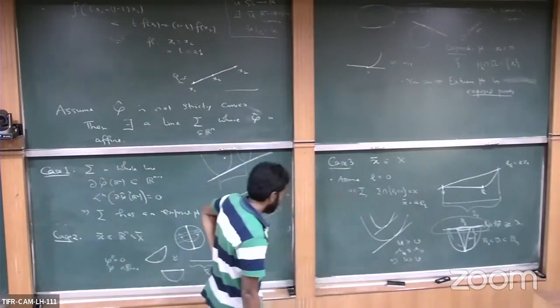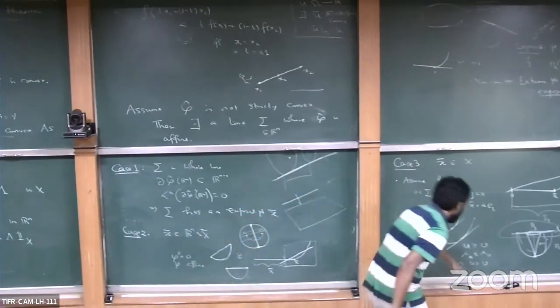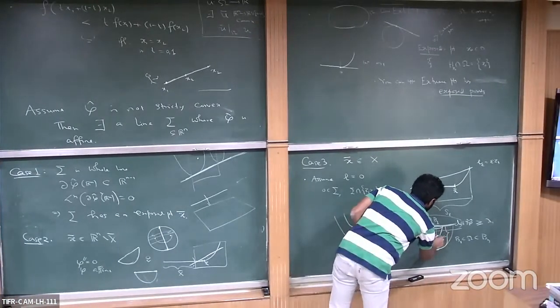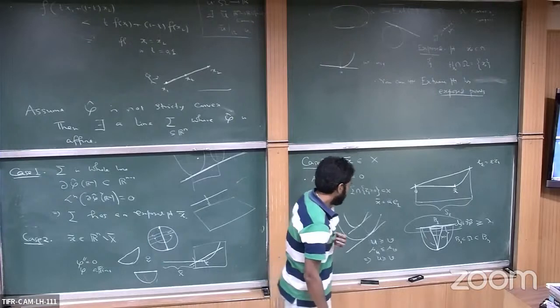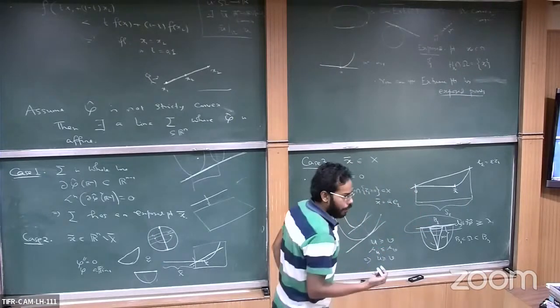This is fine. If it is below, this is fine. So if you have a V1, then you can find a cone or maybe a ball, a parabola.